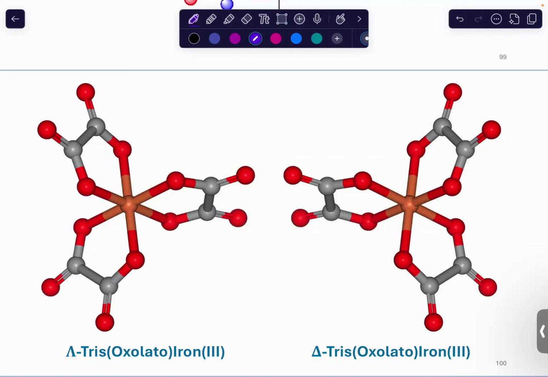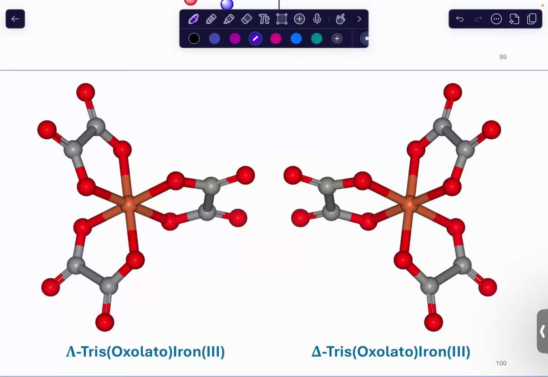So this one, you're going to have a counterclockwise C3, but you notice how the molecule itself is kind of a twisted helix. Yeah, I see it. Okay, so your delta is a right-handed or clockwise helical twist. So you can kind of see the two differences.